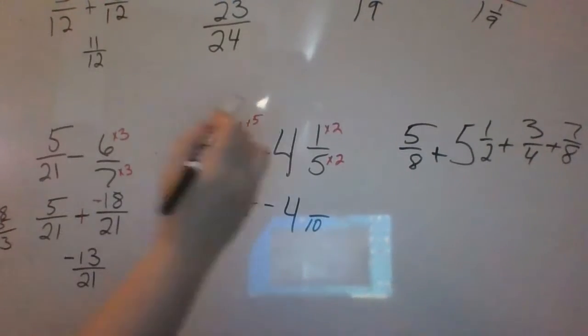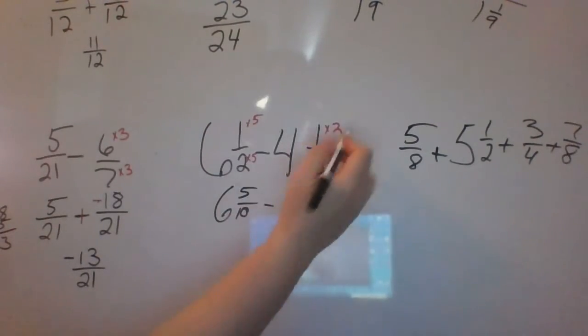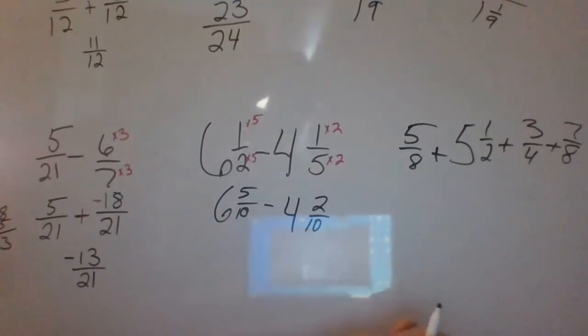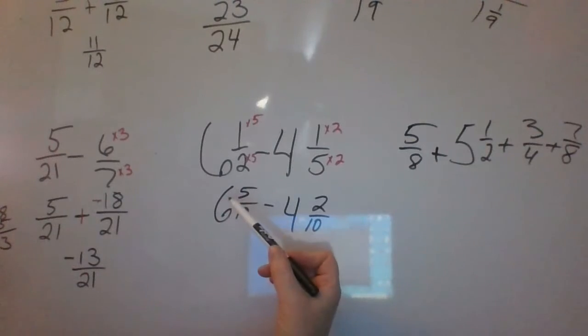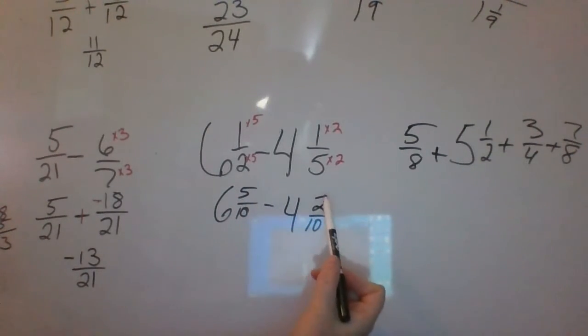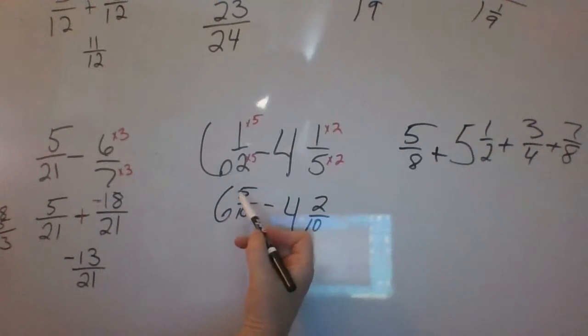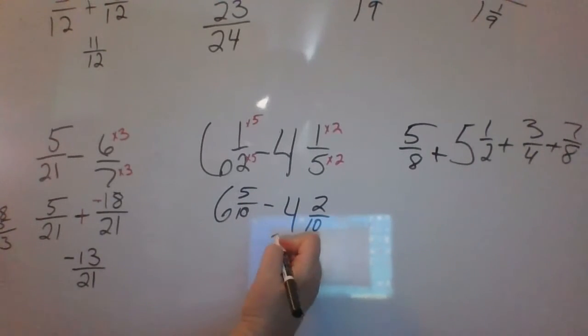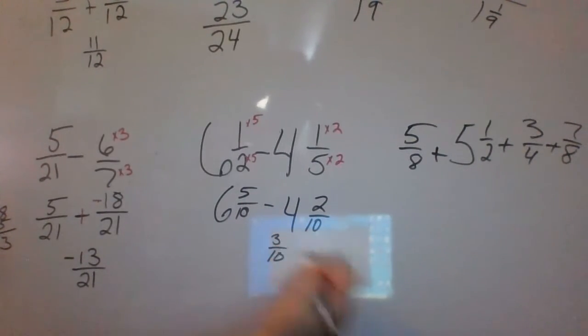So my new numerators are 5 and 2. When I subtract, I can do 5 minus 2, which is 3. It's broken into tenths. And then 6 minus 4 is 2.